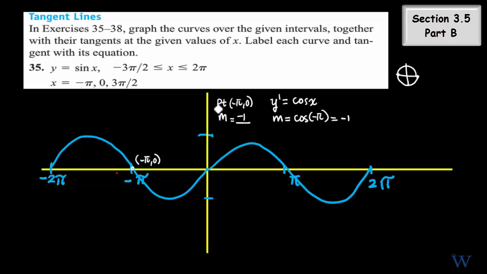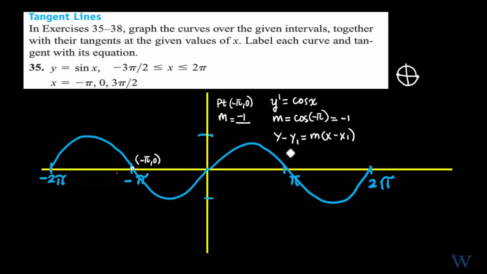Now that we have these two things that we need, we use the point-slope form: y minus y1 is equal to m times x minus x1. And we have all the ingredients that we need. This is your x1, y1, this is m. So all we do is substitute.